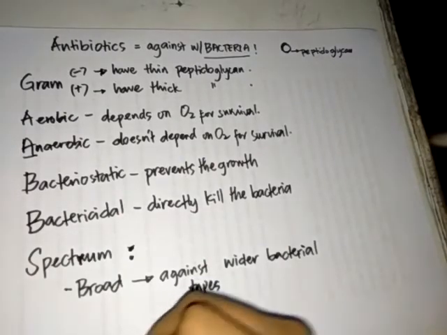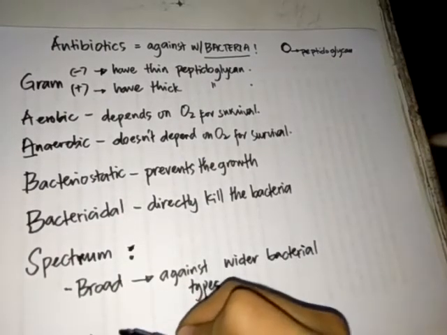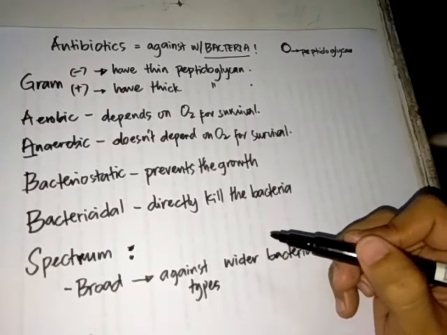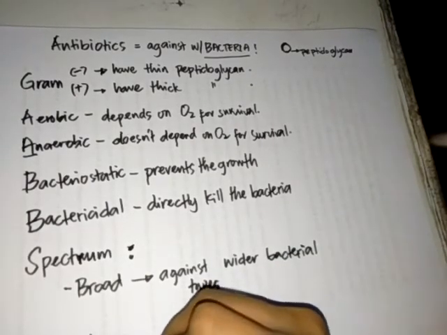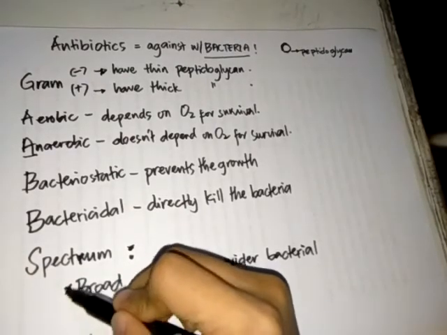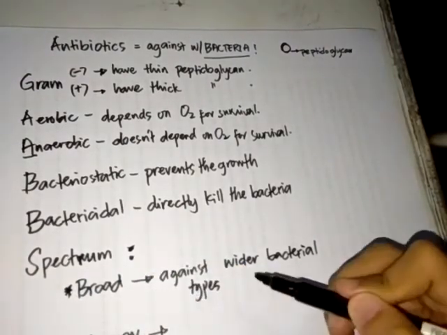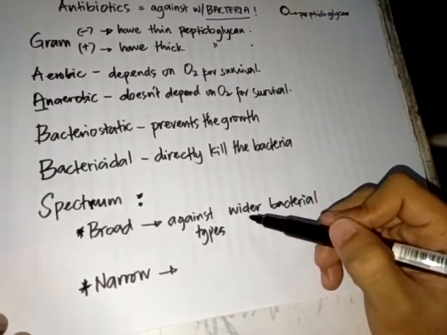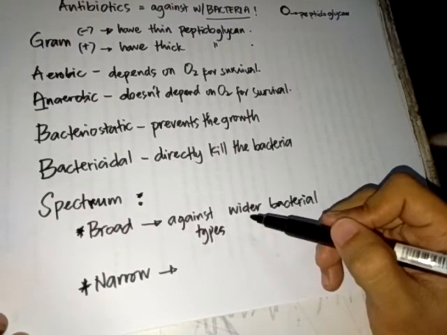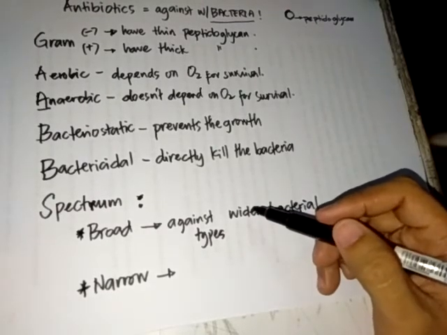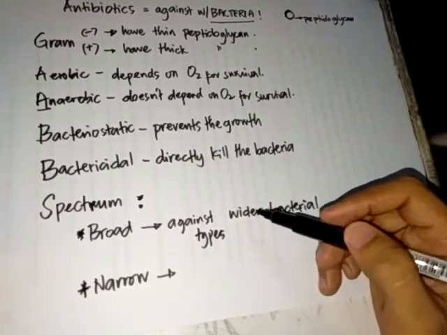And your second type of spectrum can be a broad spectrum or a narrow spectrum. Narrow. Now, narrow spectrum type of antibiotics are active against a selective group of bacterial cells.